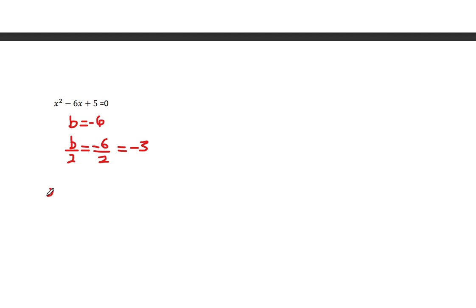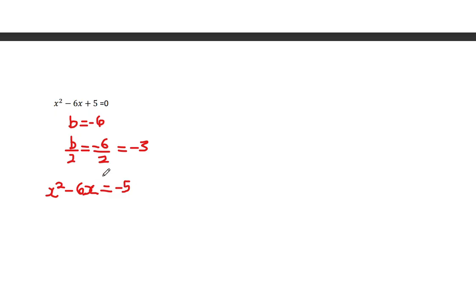What I'm going to do now is rewrite this quadratic in the form x squared minus 6x, keeping the variables on the left side of the equation. And we're going to minus this 5 from both sides of the equation, so it will be gone on the left side, and on the right side I'll just be left with negative 5, because 0 minus 5 is minus 5.